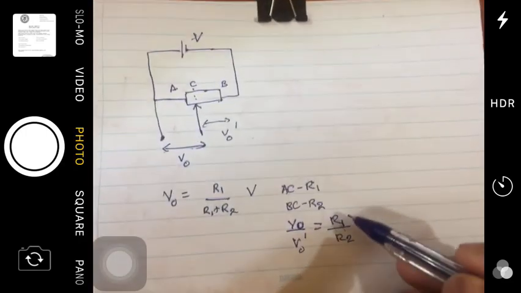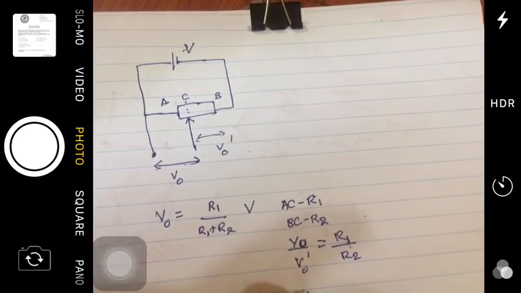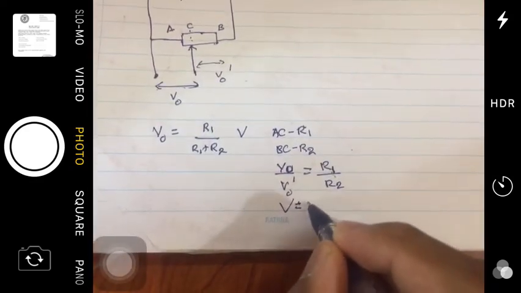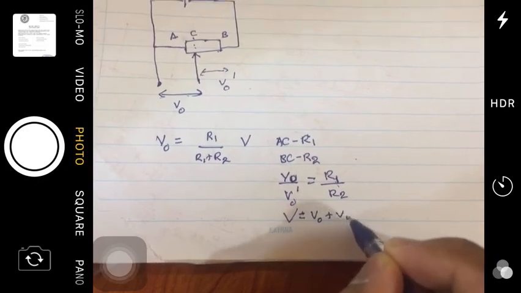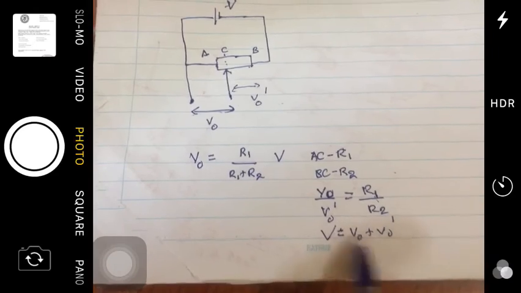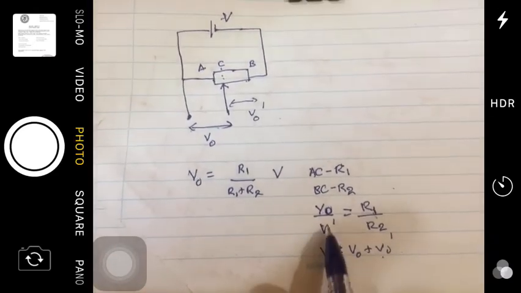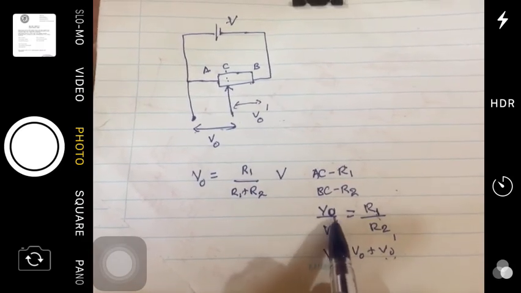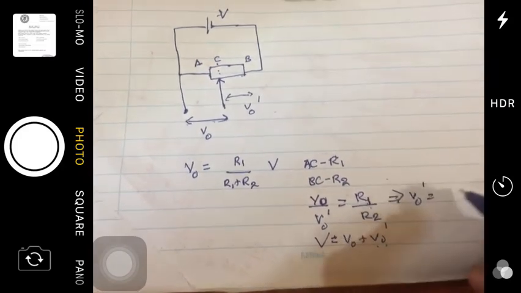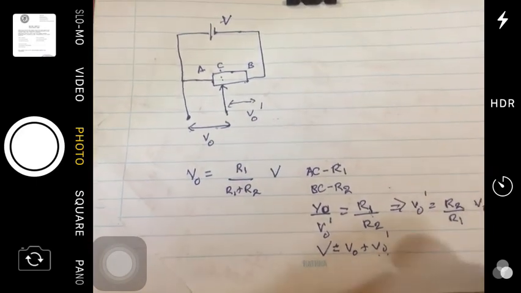Okay, now we also have the equation V is equal to V naught plus V naught dash. So the entire terminal potential is the summation of the individual ones, and you can substitute for V naught dash in terms of V naught from this equation. V naught dash would be R2 over R1 times V naught.